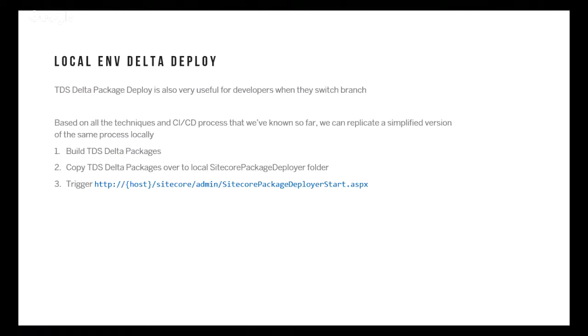So based on all the things that we know, all those steps, you can build the TDS Delta package itself locally. Copy that folder to your local CM instance, or if you have a single instance, that's the one. Hit the cycle package deployer URL, assuming you use the cycle package deployer, and that's it.